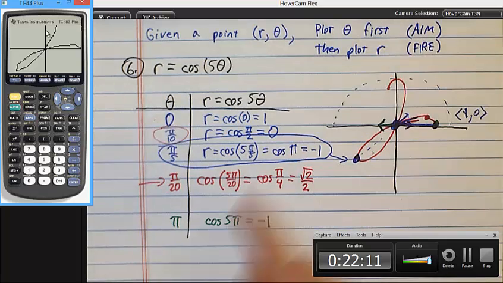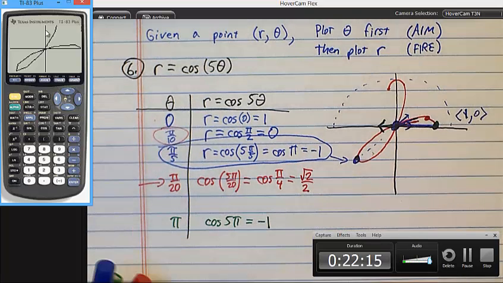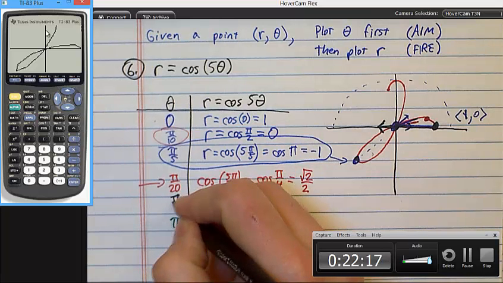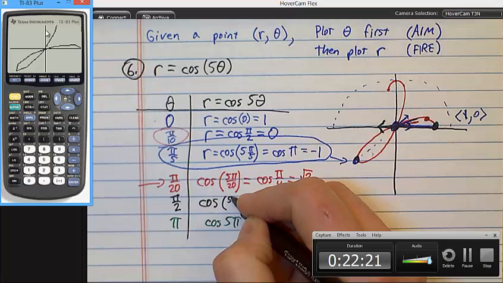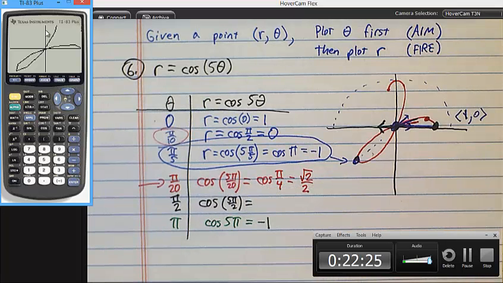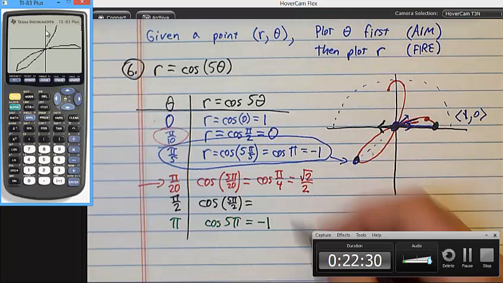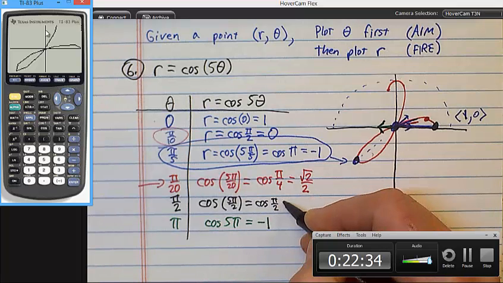So again, we're not at pi yet. Pi over 2. Cosine of, what's 5 pi over 2 going to give me? Well, that's the same as the cosine of pi over 2, right? So that's going to be 0.